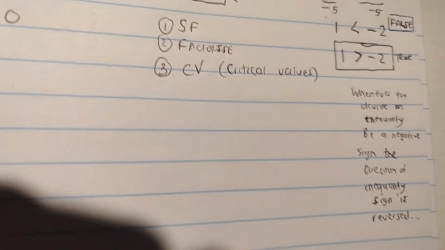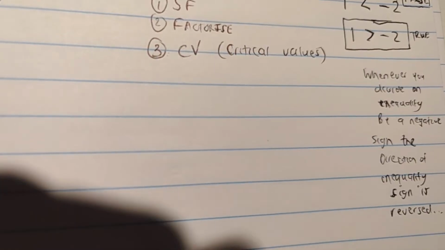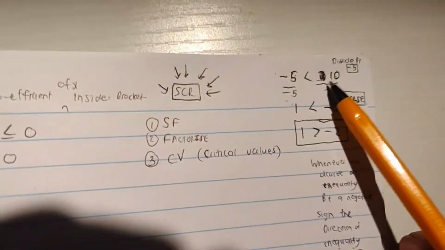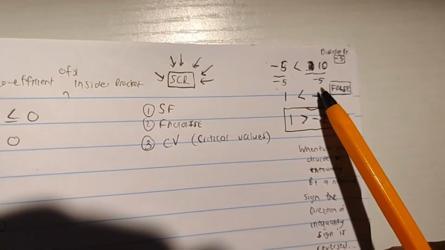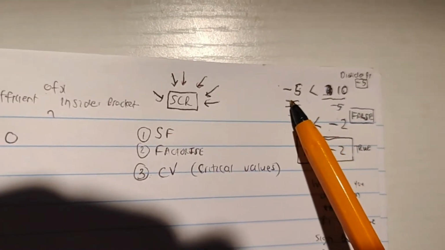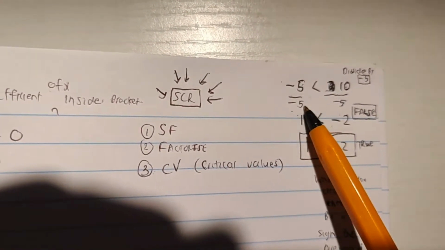Okay, so that's where that mindset comes from. I hope you guys will never fight this thing again. The minute you divide by a negative, the inequality sign direction changes.